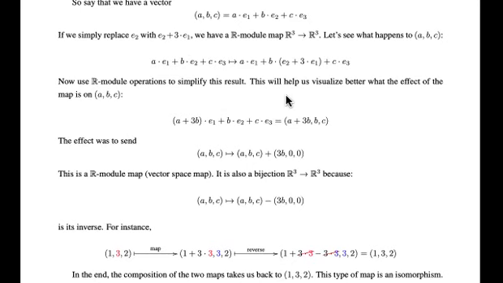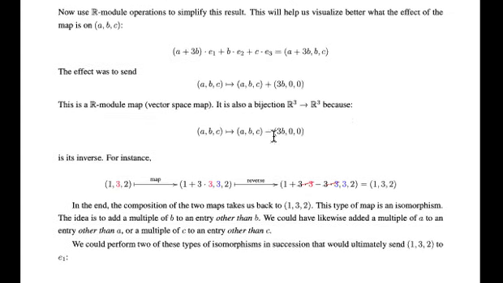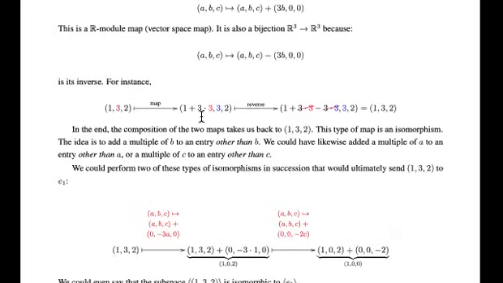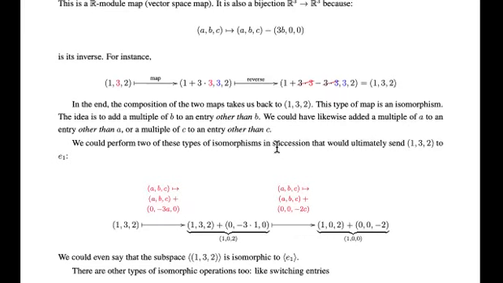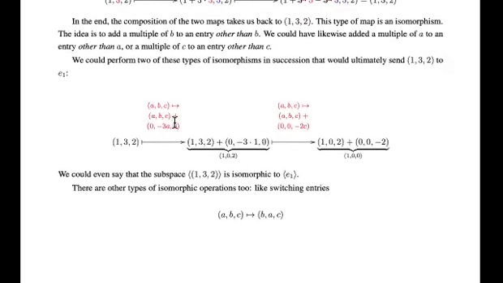This goes through and actually shows that it simplifies the map, that this is another way of representing it, and it also shows that it does indeed have an inverse. It's invertible, which means it's an isomorphism. It's bijective. So there are different things that we can do.